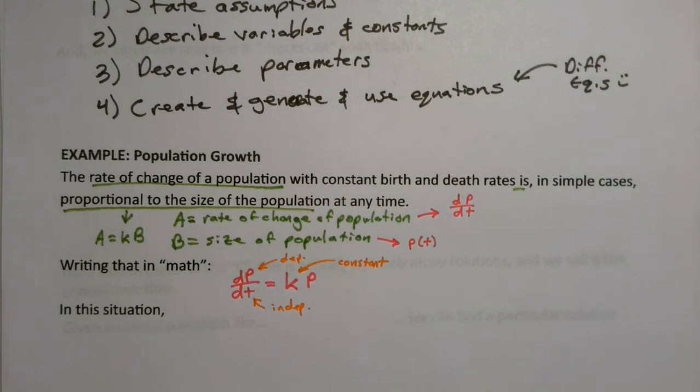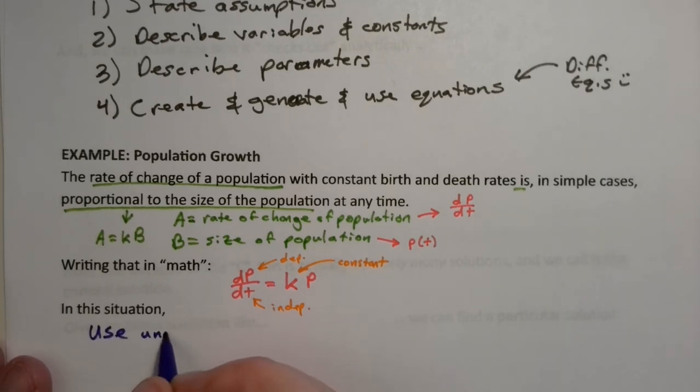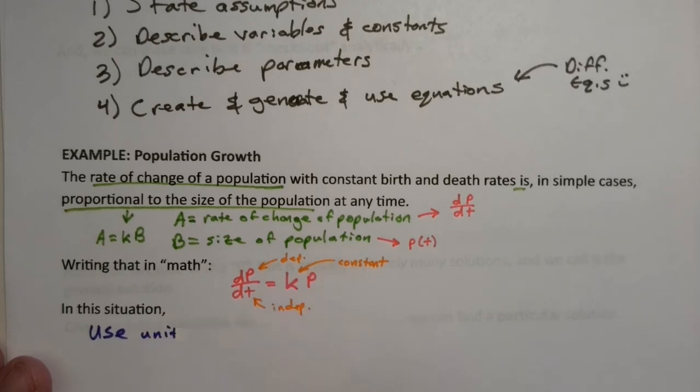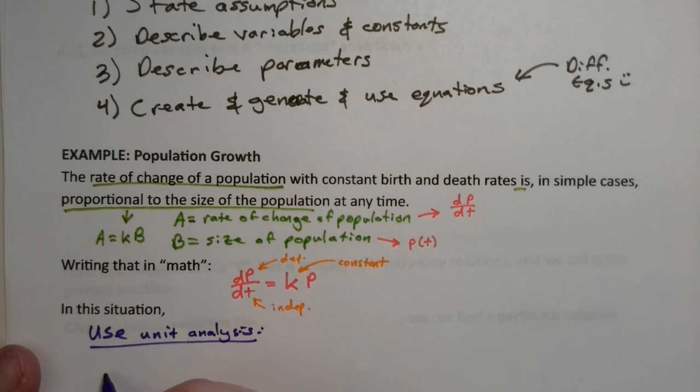So in this particular situation, kind of spelling things out in detail, I'll even use units, to try to make sense of what's going on here. Using a little bit of unit analysis, we can say that P is in units of individuals.